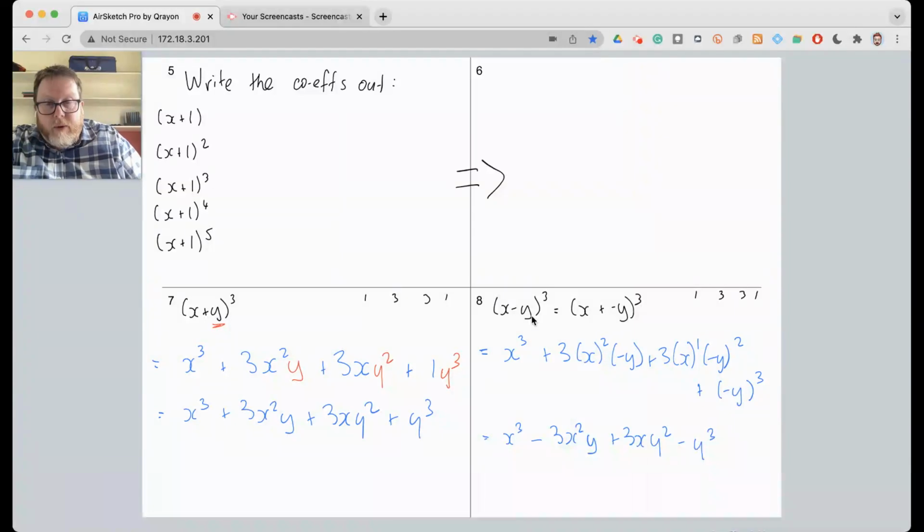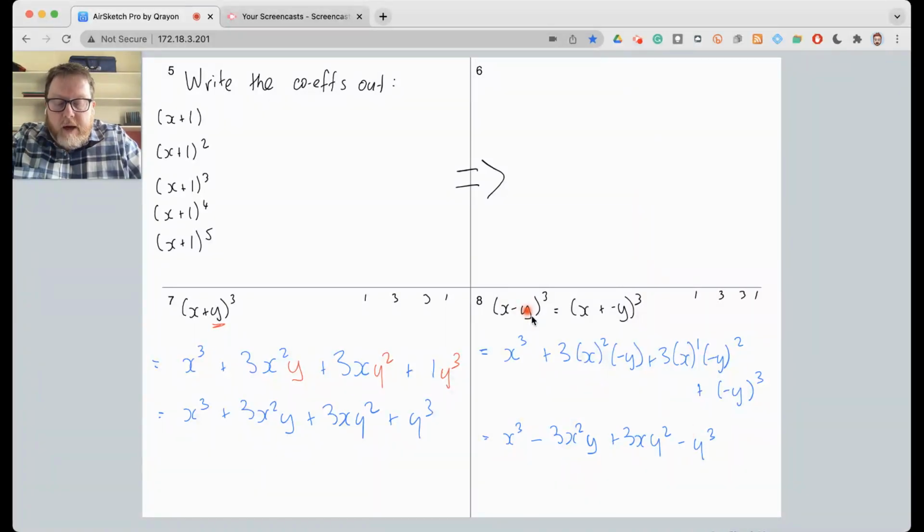Okay, one last point then. Some people like this idea of bringing the negatives through. It's less confusing for them because it's the same pattern, but we're just keeping track of our negatives and whether they're odd powers or even powers. But the other thing to note is that when you've got a subtraction that you're trying to expand here, really the pattern will always be positive, negative, and so on.